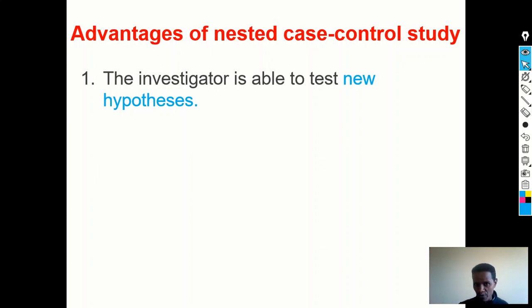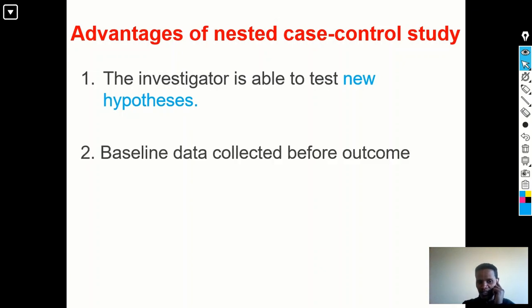The advantage of a nested case control study is that the investigator is able to test new hypotheses. We are testing a new hypothesis which was not developed at the initiation of the study, whether it is a cohort study or an experimental study design. The hypothesis for the original study was another hypothesis, but after a certain period of follow-up, investigators develop a new hypothesis and test it with a nested case control study design.